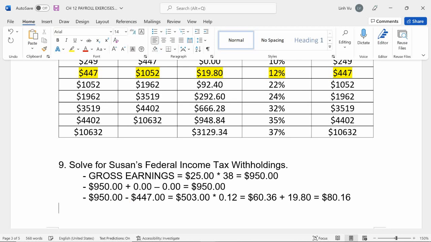Does she have any children that she claimed? No, she does not have any dependents. So 0 dependents, which equals minus $0. So her total federal income tax is going to be $80.16.